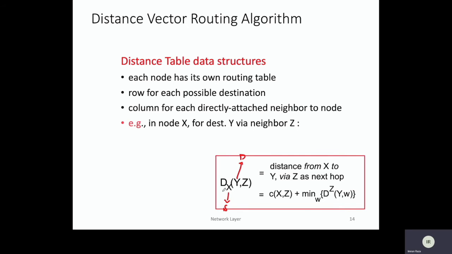So we have modified this representation or this notation, where now it is written as the cost to reach from x to y via z. So this is the distance from x to y, where x is the source, y is the destination, via z as next hop, meaning z is the neighbor in this case.